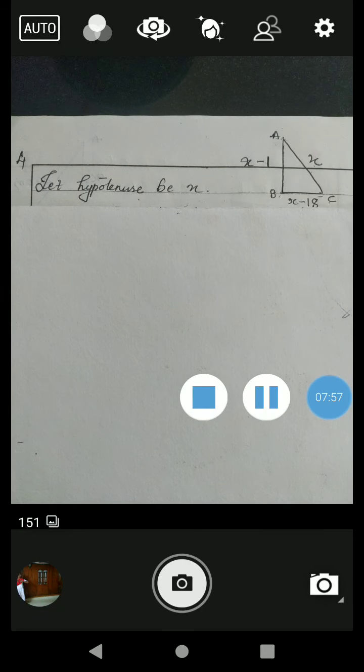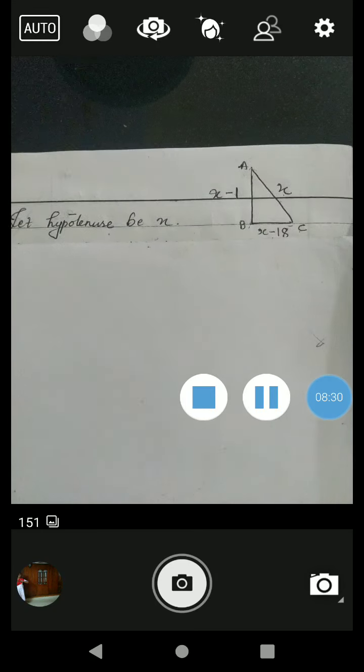Next question. Third one is homework, and do the fourth one. The hypotenuse of a right angled triangle exceeds one side by 1 centimeter and the other side by 18 centimeter. Find the lengths of the sides of the triangle. Therefore, we can consider hypotenuse as x.